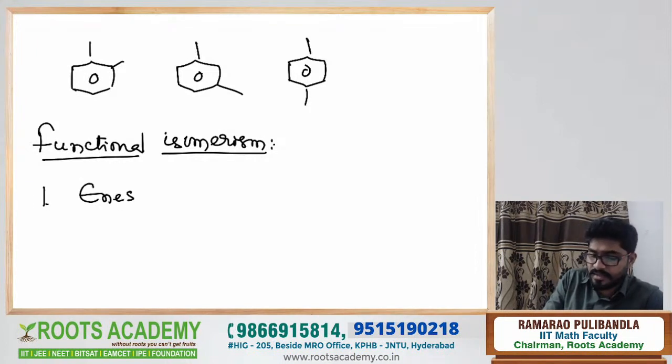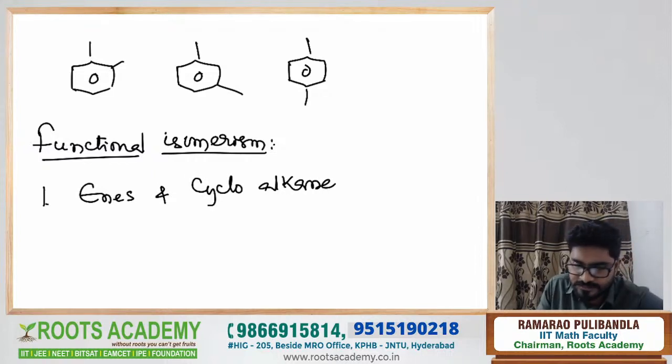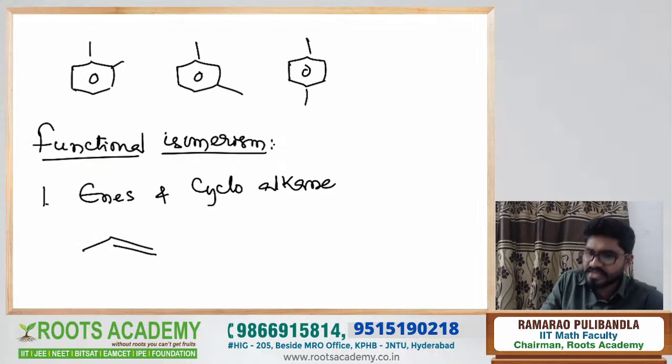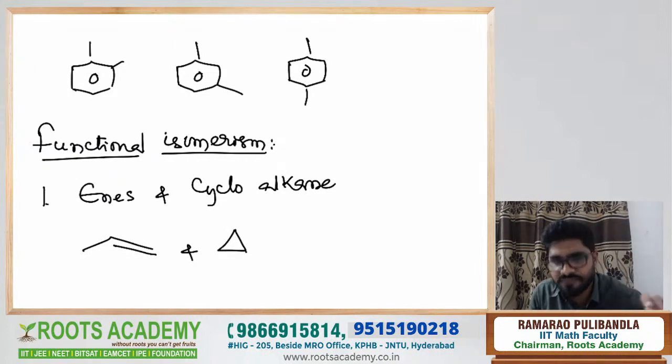Ene and cycloalkane. These two are functional isomers. See, I'm taking this one, ene and cycloalkane. Both are functional isomers. You can check the number of carbon and hydrogen atoms.